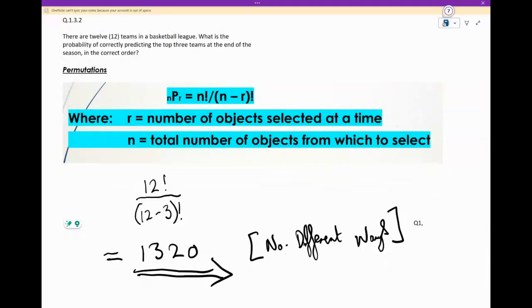Okay, so here it says there are 12 teams in a basketball league. What is the probability of correctly predicting the top 3 at the end of the season in the correct order? The moment you see a concern for order, you know this must be a permutation. So there you can see the formula is slightly different.